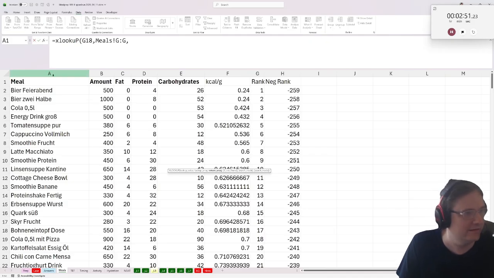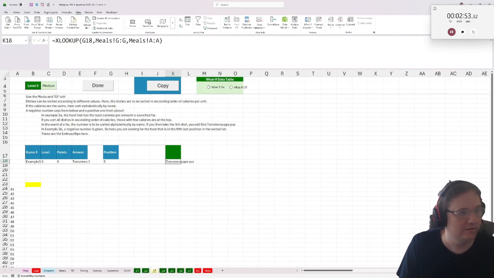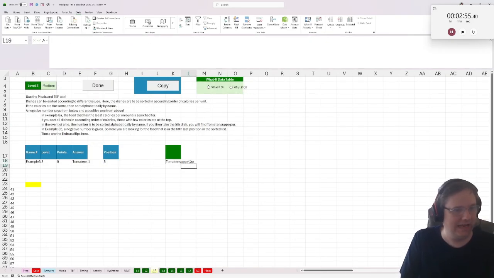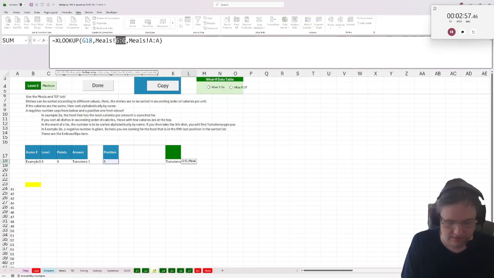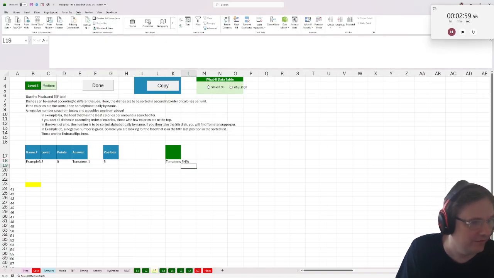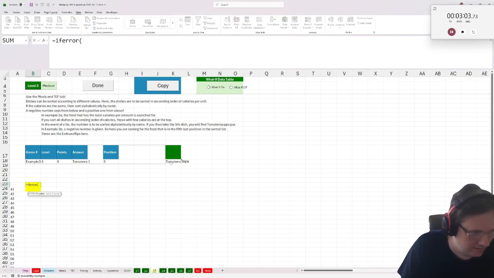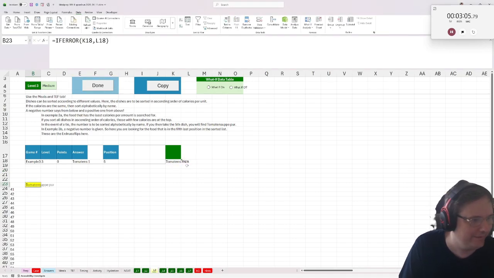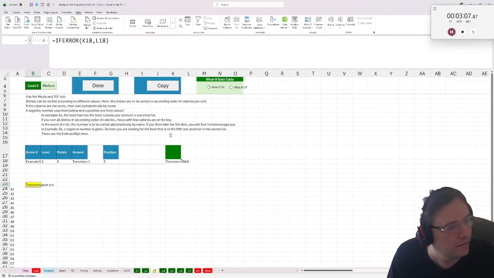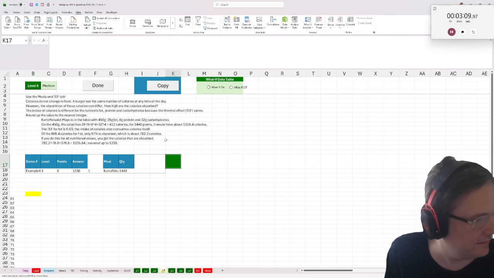So I look up this on here, and I do the same thing with column H. And whichever one of those is not an error is the correct answer, right? So if error, one of them, otherwise the other one. All right, so there's level 3.